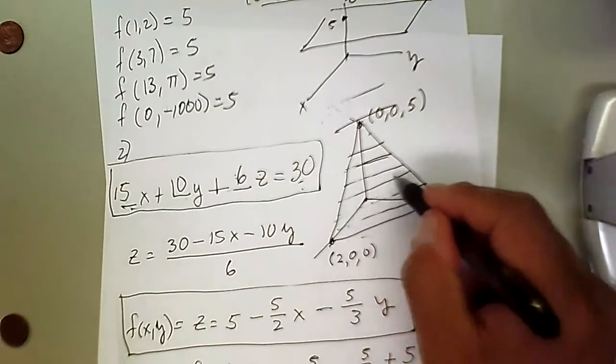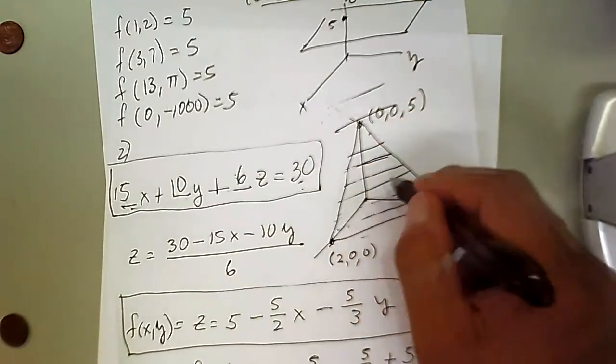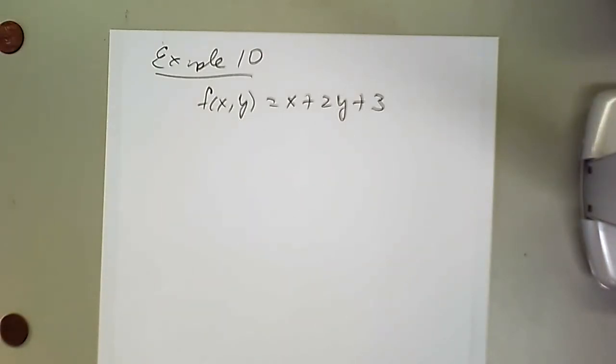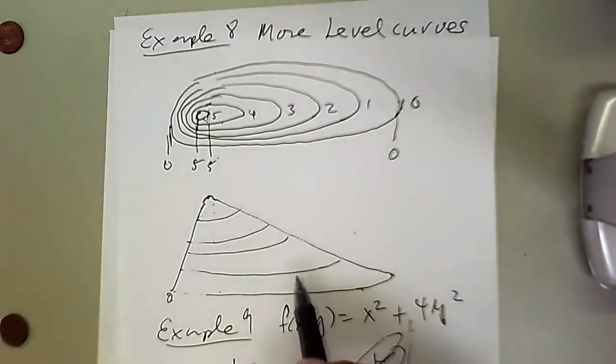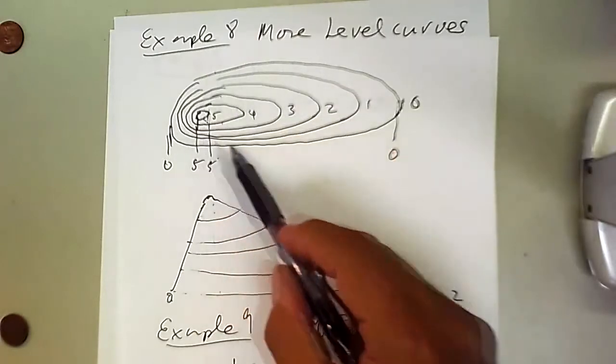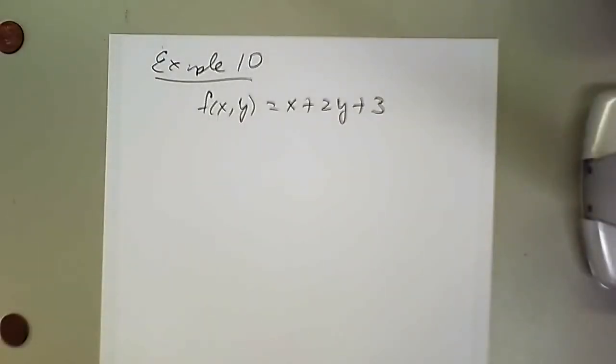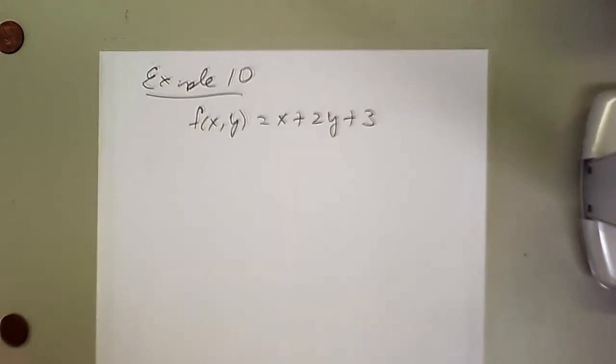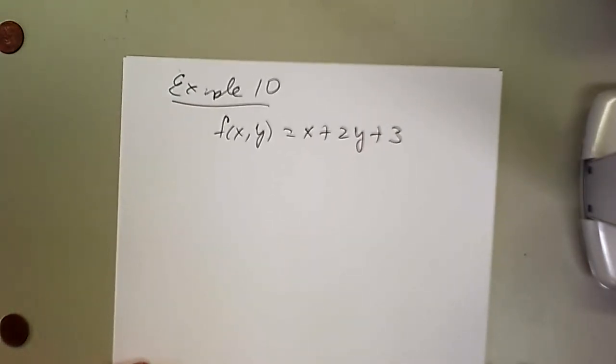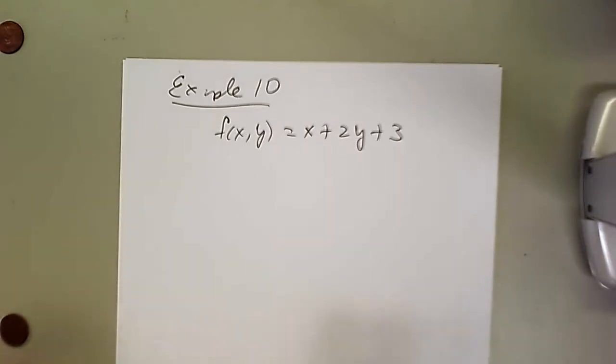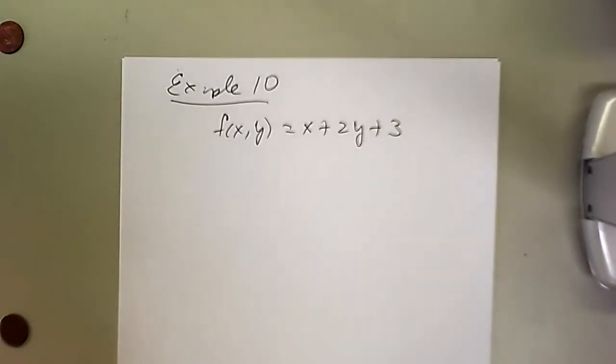So the level curves of planes are going to be straight lines, as opposed to level curves of things that are not planes, which are not going to be straight lines. So just be aware that if you have a level curve map and all of them happen to be straight lines that are parallel, they have to be parallel, by the way, otherwise it doesn't work either, then we have a plane.